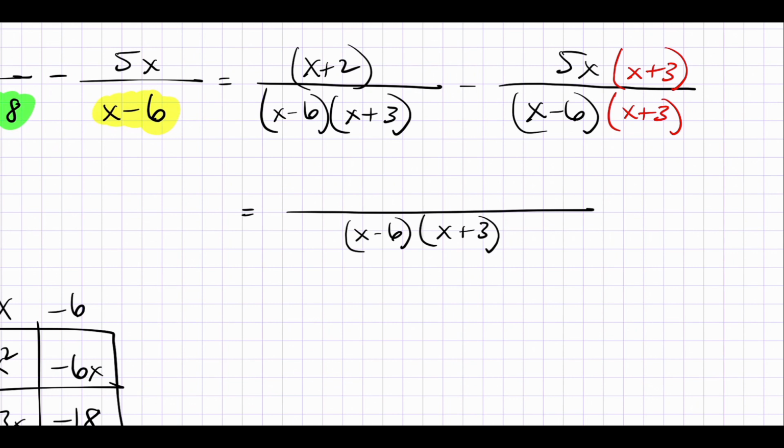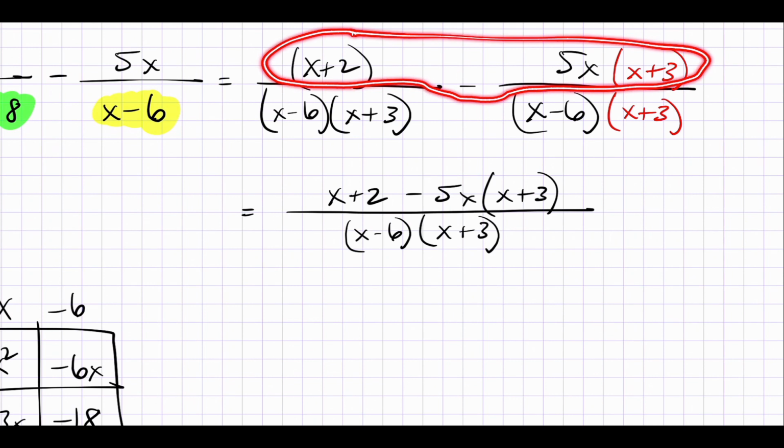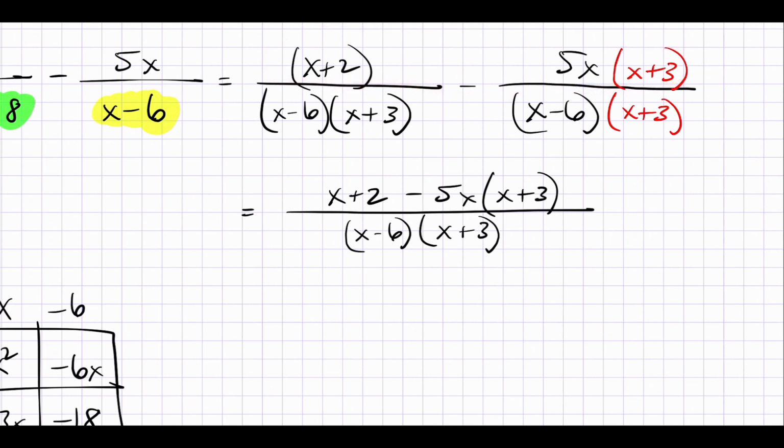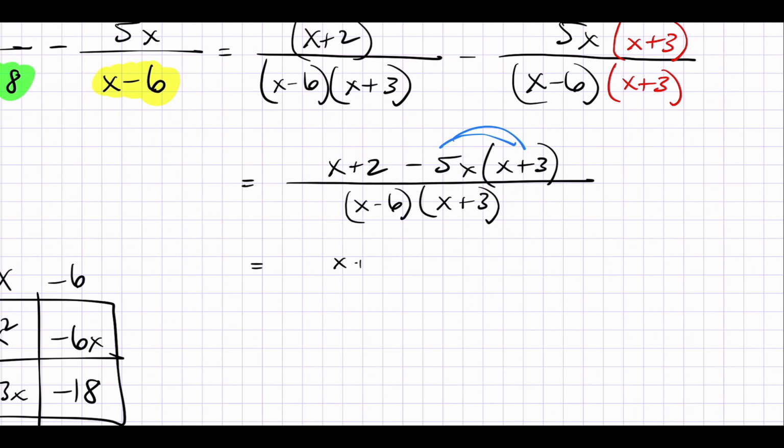X plus 2 on top, I wrote it in parentheses just to remind myself that it's a binomial, but I don't need those parentheses. The second one, I do need the parentheses because I need to distribute. So I need to distribute negative 5x, minus 5x squared minus 15x.